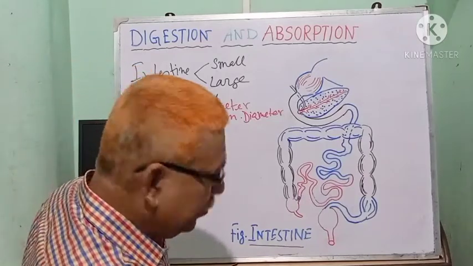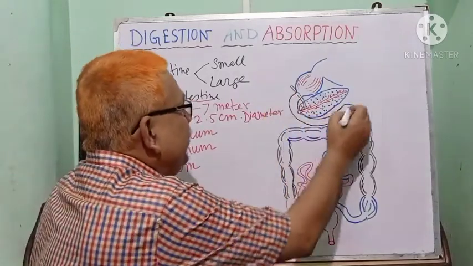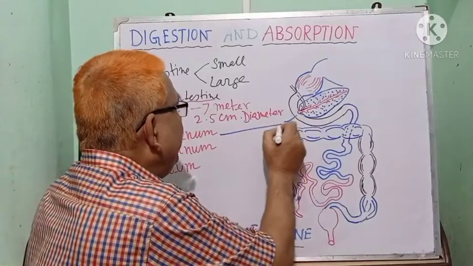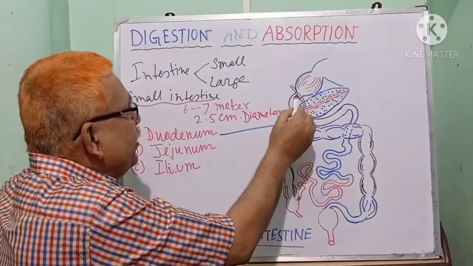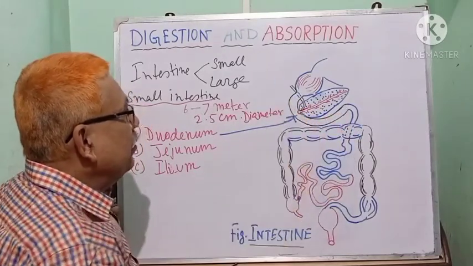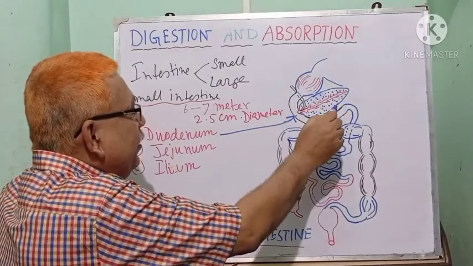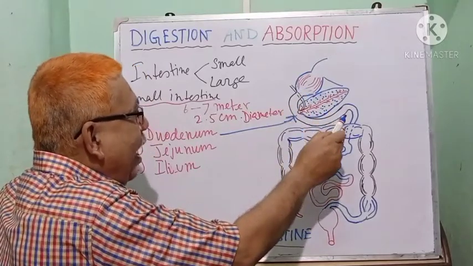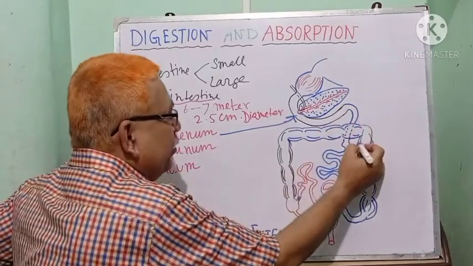So here, look at this diagram. This is the duodenum. It is a somewhat sheath-shaped structure, and this part lies in between the stomach and jejunum.